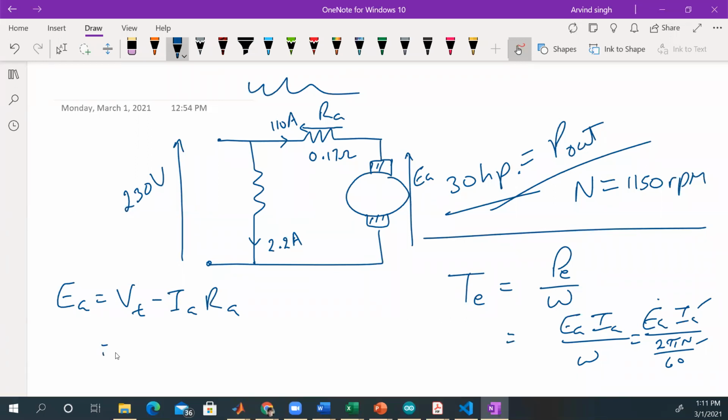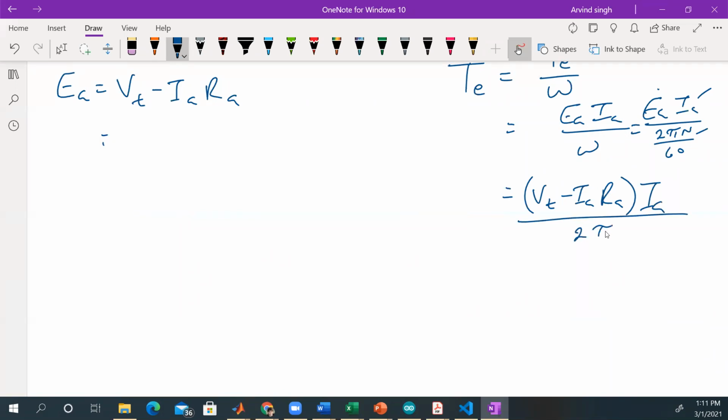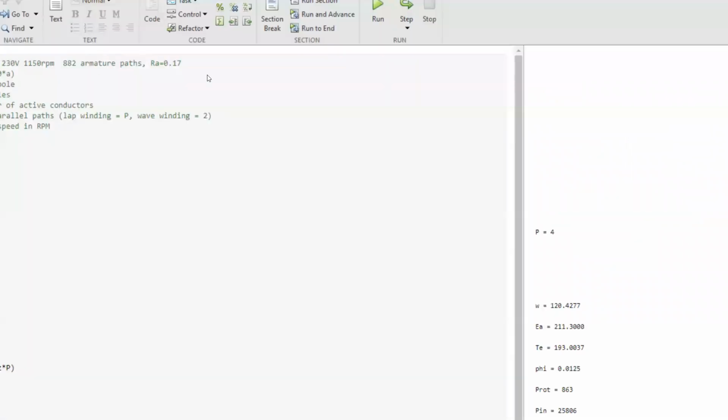Right, so now we have everything for TE. So EA is VT minus IA RA, times IA, over 2 pi n on 60, right? So if we work that out, let me just bring down this here.